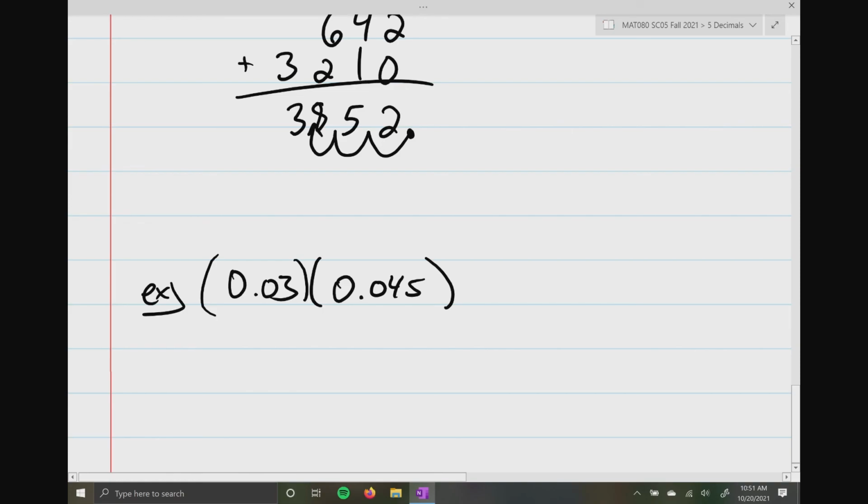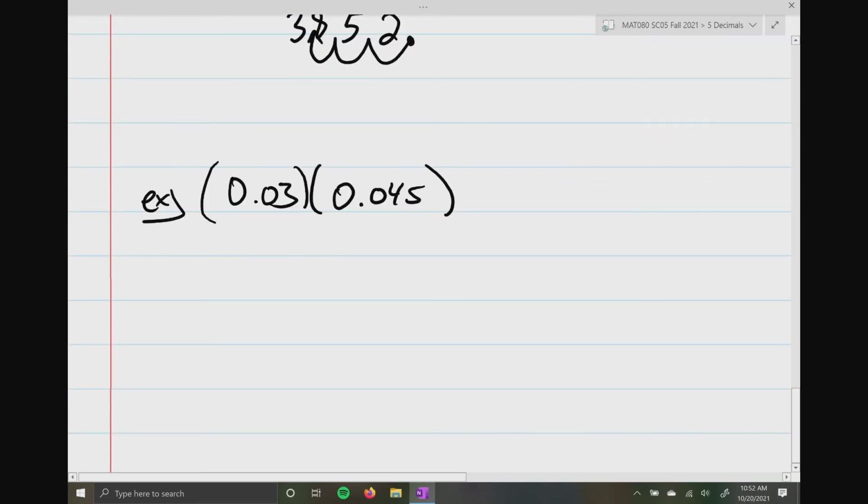So we're going to multiply 0.03 times 0.045. Okay? So remember, order doesn't matter when you multiply. 4 times 5 is 20. 5 times 4 is 20. Order doesn't matter.